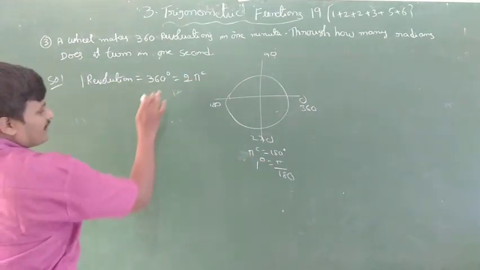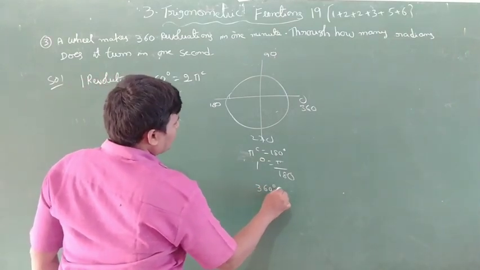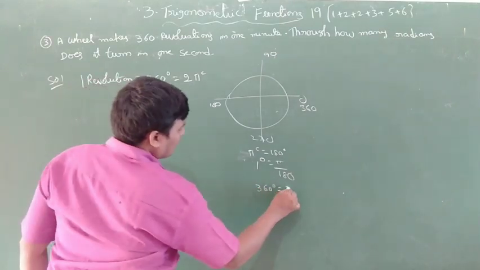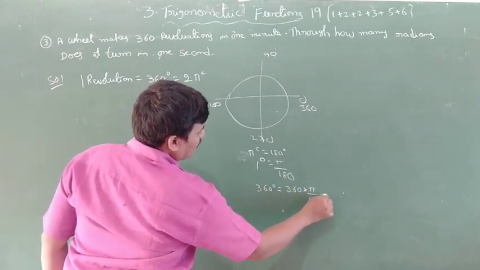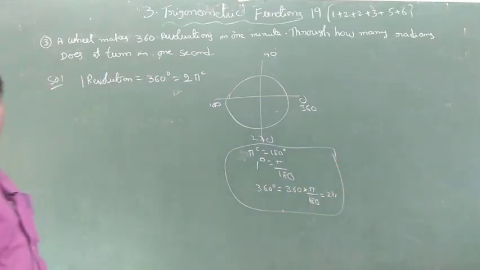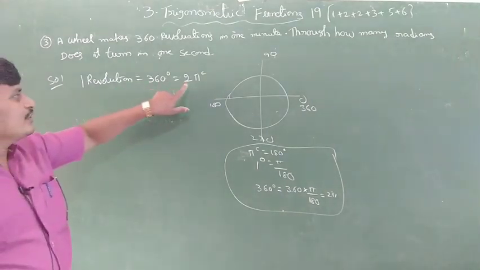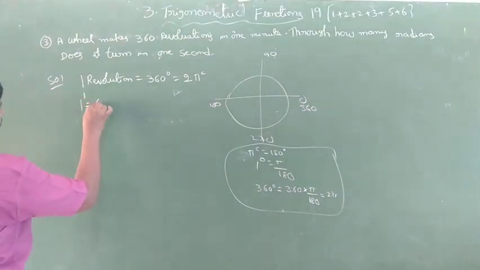So 360 degrees is equal to 360 into pi by 180, so 2 pi. 1 revolution is equal to 360 degrees, which is equal to 2 pi radians. 1 minute is equal to 60 seconds.